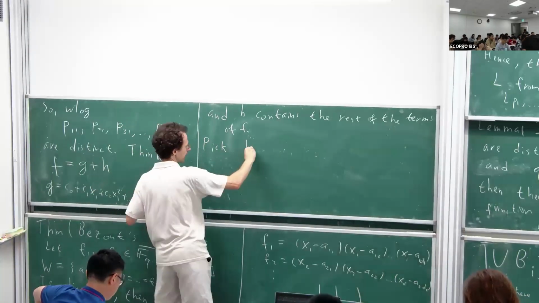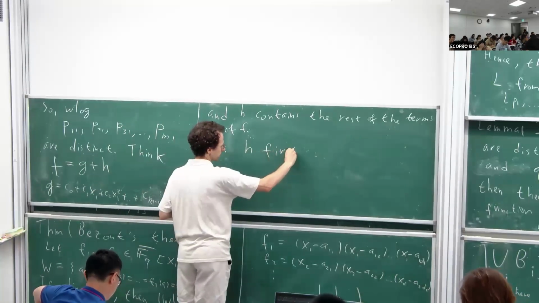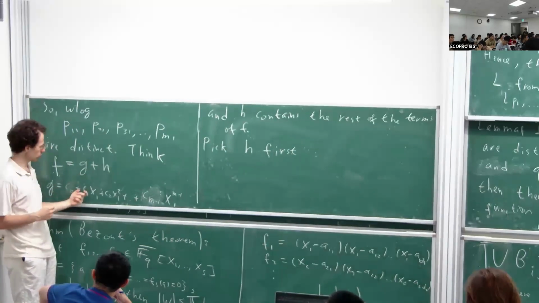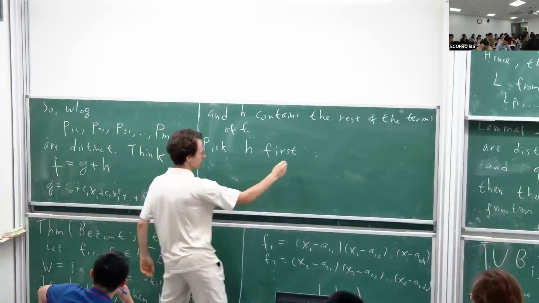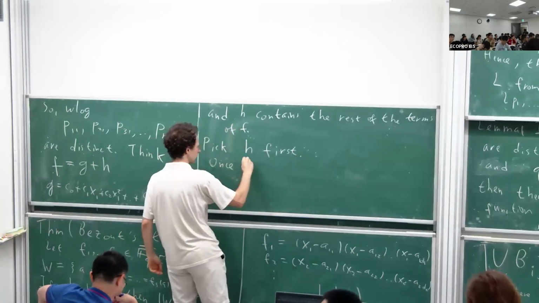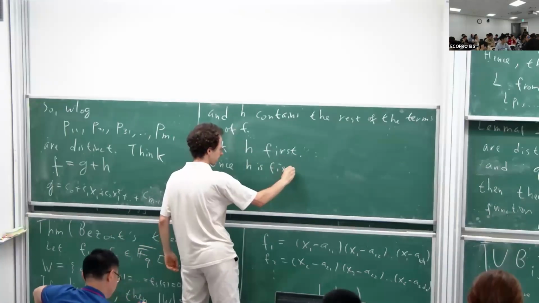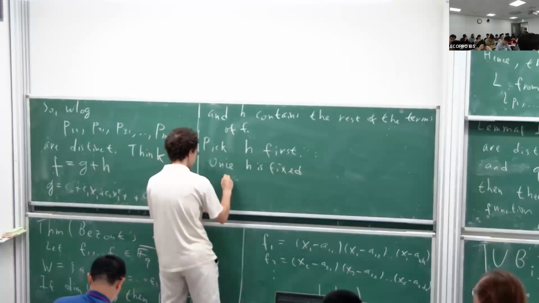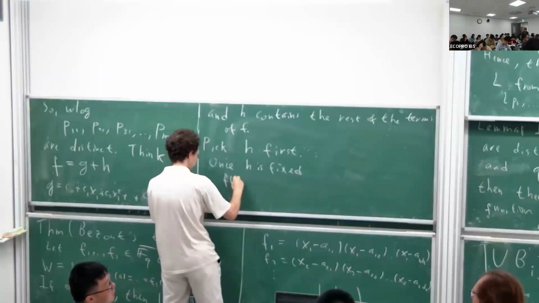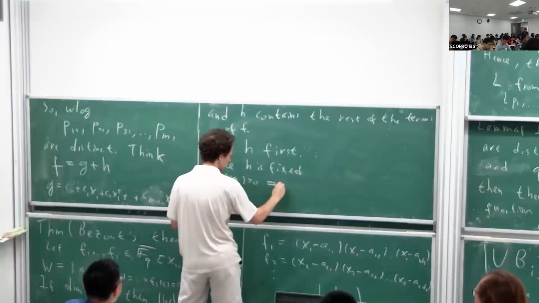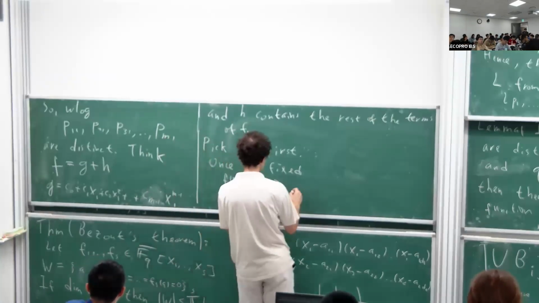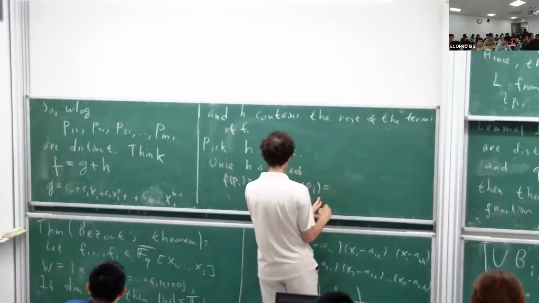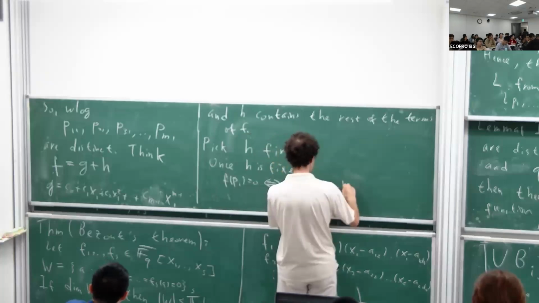Pick H first. And then we're going to ask, can we pick G? So once H is fixed, f(P_i) equals 0 is the same thing as G(P_i) being equal to negative H(P_i).